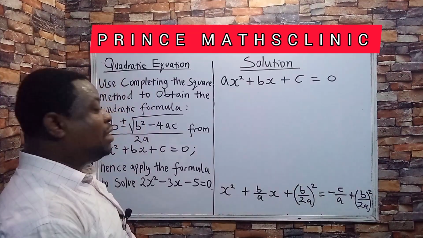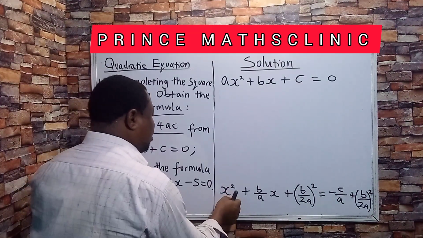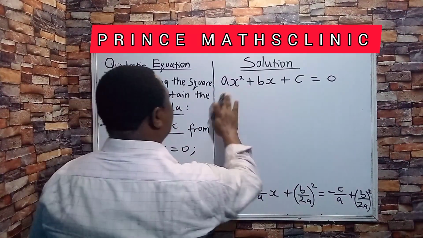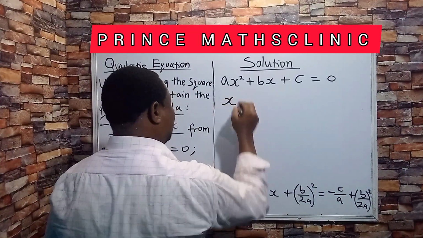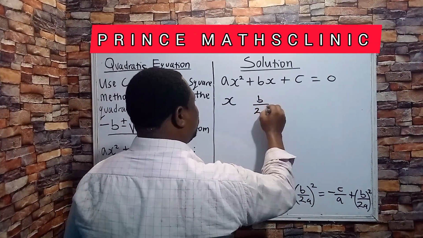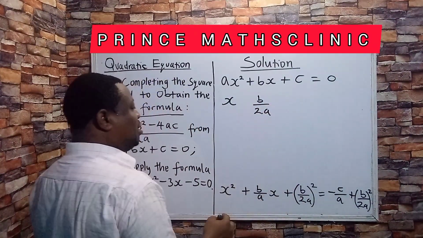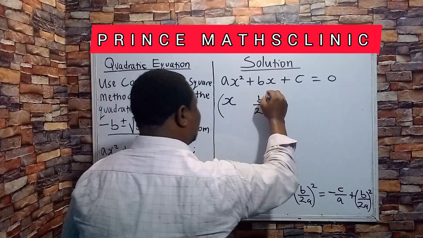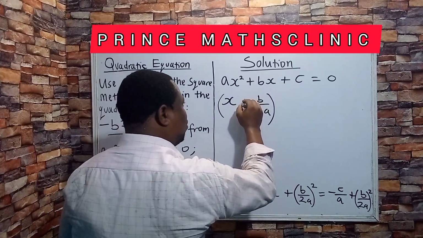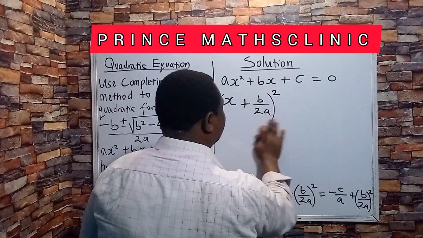On the left hand side, pick the terms that have x squared. Those terms are x and b over 2a. Put them in a bracket, respect the sign you have here, positive, then square it.